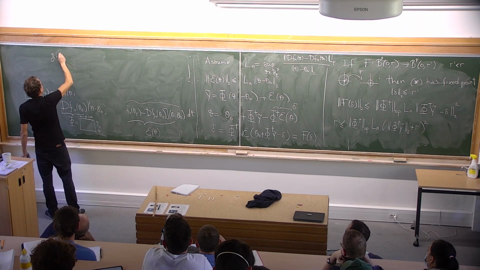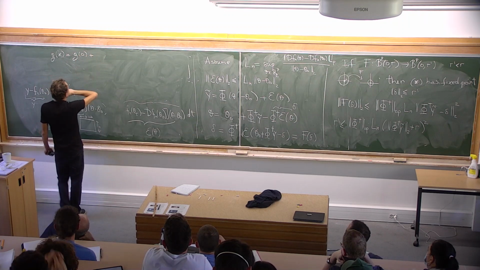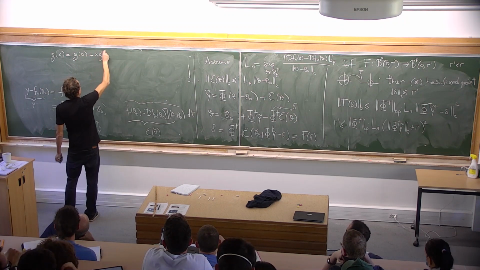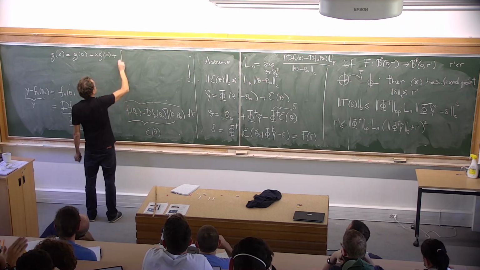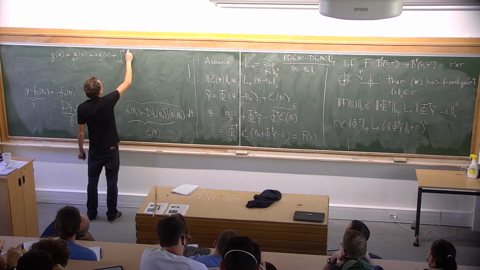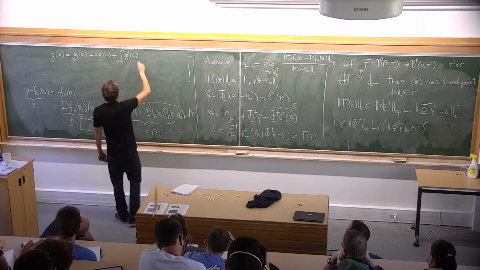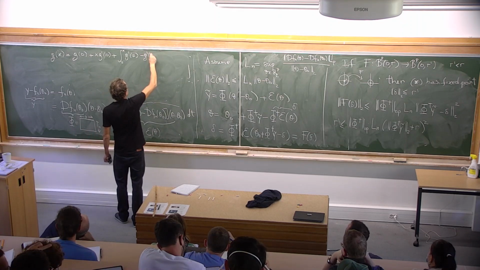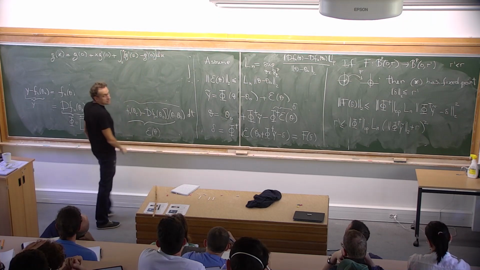g of x is g of 0, plus x g prime of 0, plus, and now how do I do it? Integral between 0 and x of g prime of u minus g prime of 0 du. Okay?